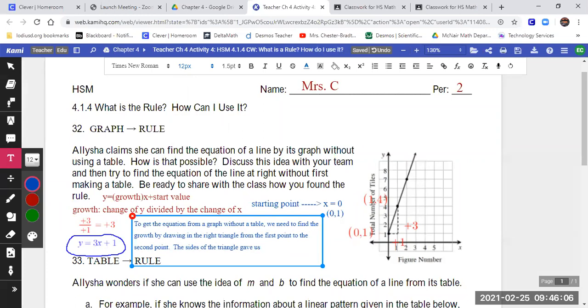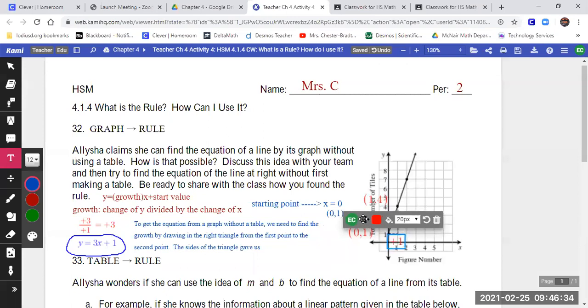What is it that that +3 got us? We had to find the sides of the triangle. What was the +3 standing for? What was the +1 standing for? That we already wrote down on this paper and it's sitting right there in front of us.